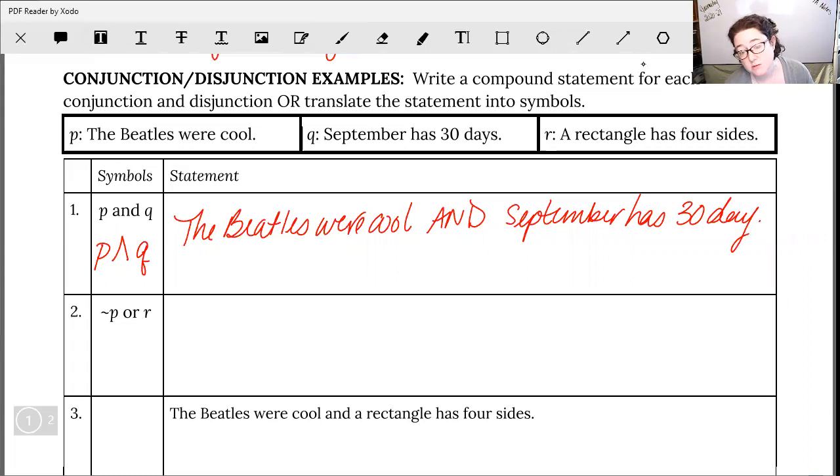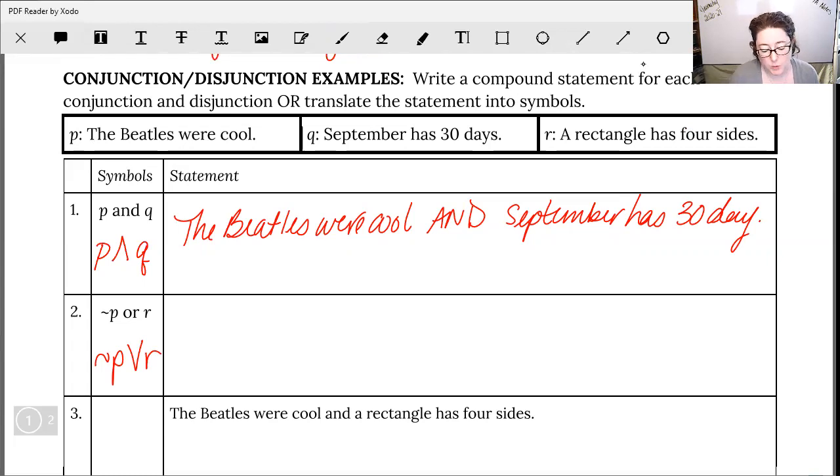Our next example has that squiggle with the P, an or, and an R. If we did this just in symbols, for or we can use a down arrow. So that would be squiggle, or negation, P, down arrow, R. When we have that negation symbol, it means we're talking about the opposite of that statement.